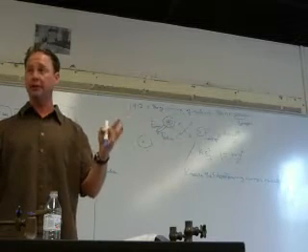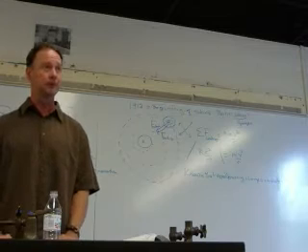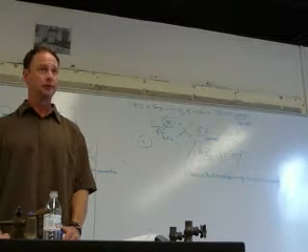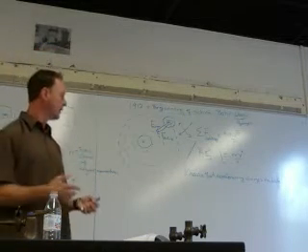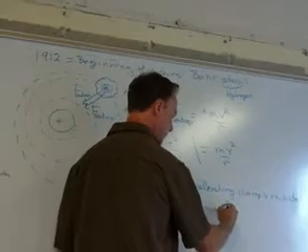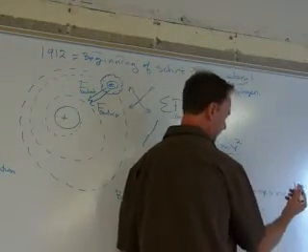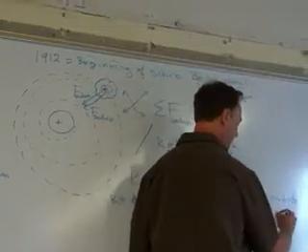They could predict these lines, but they had no idea where it came from. It just worked. But atoms are stable. They don't disintegrate. They don't radiate away.